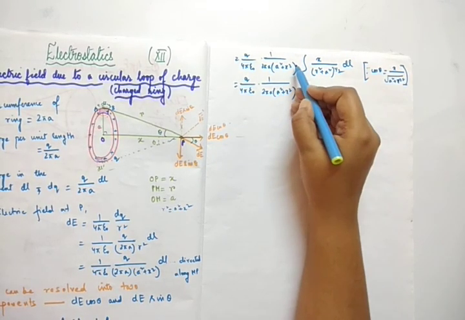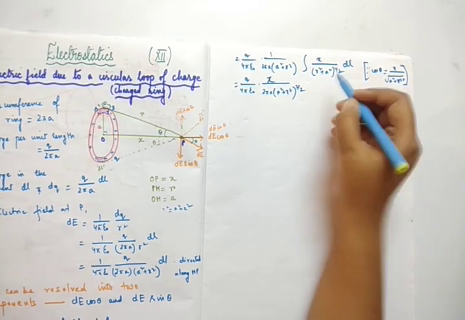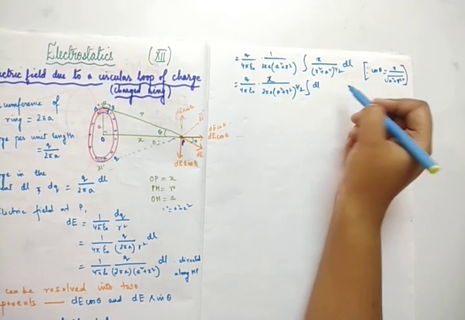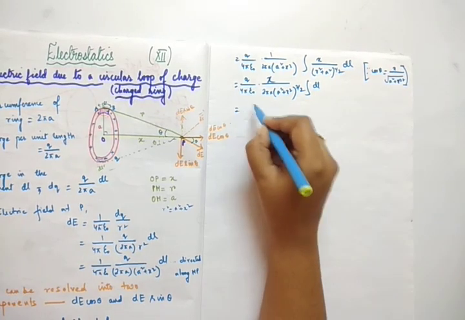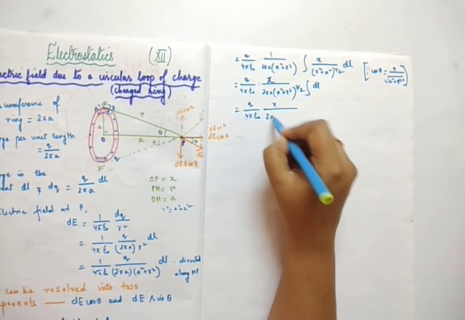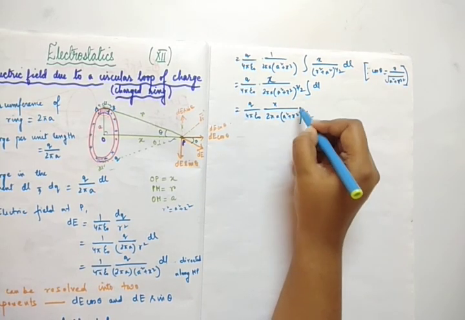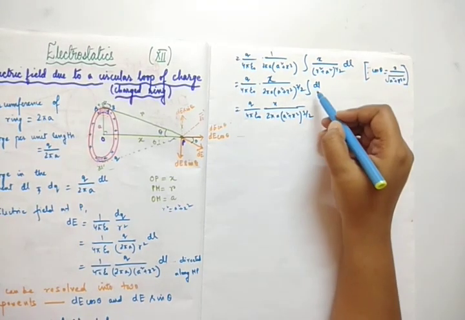Here the power is 1, and here we have another half, so 1 plus half becomes 3 by 2. x will come outside, dl will be present only, because all these are constant and only this is the variable.